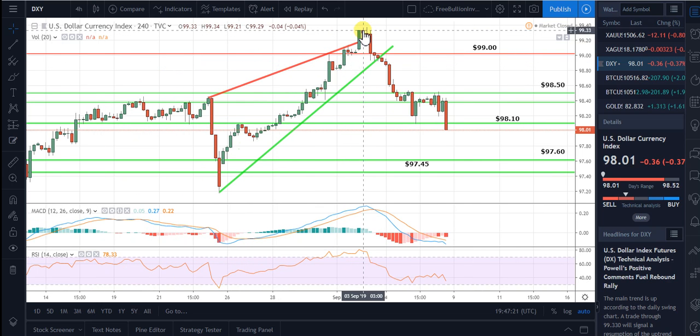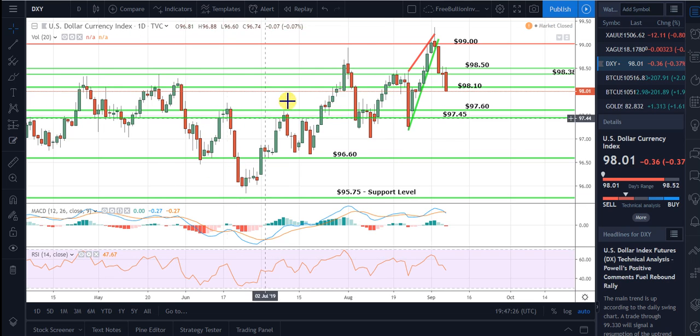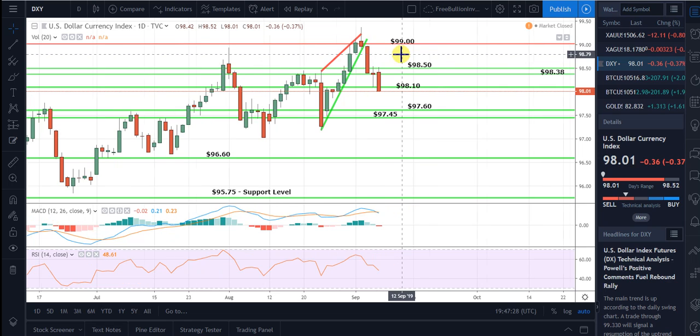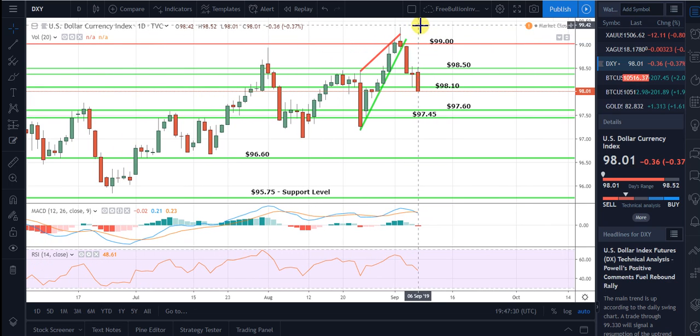But then the price was really just a blow off top on the 4-hour chart. And if we look at the daily chart, we can see that it really created a shooting star pattern, and the price of the dollar just ended up considerably confirming the pattern to the downside.